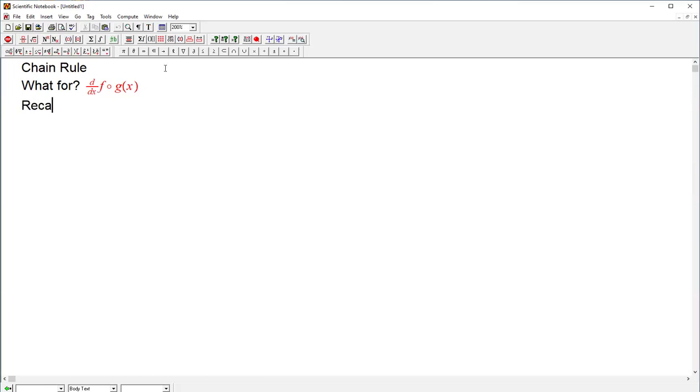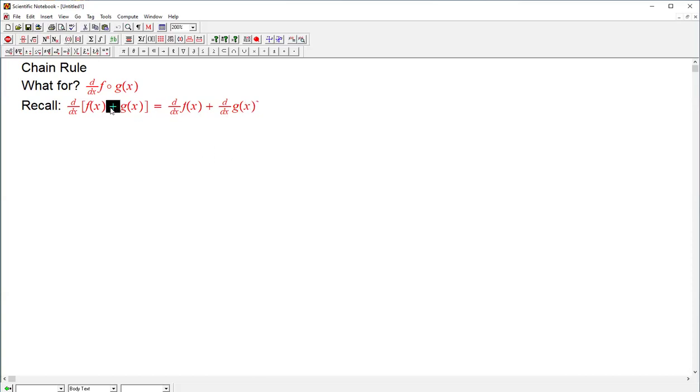Okay, recall, we have learned how to differentiate a sum: the derivative of a sum is the sum of the derivatives.